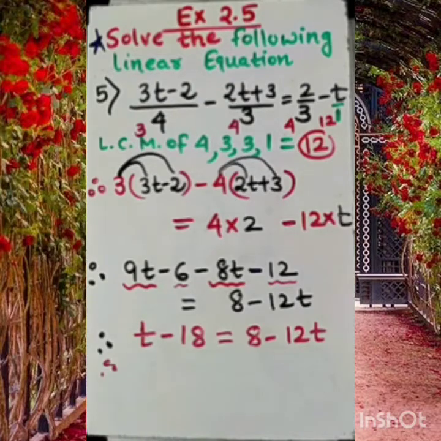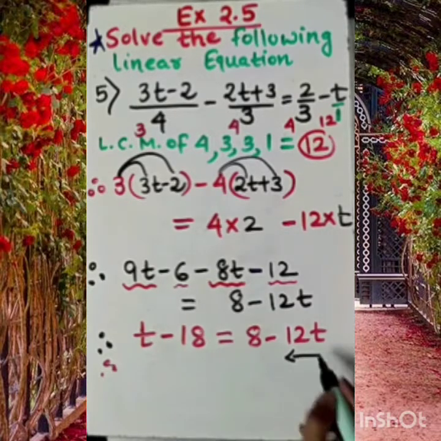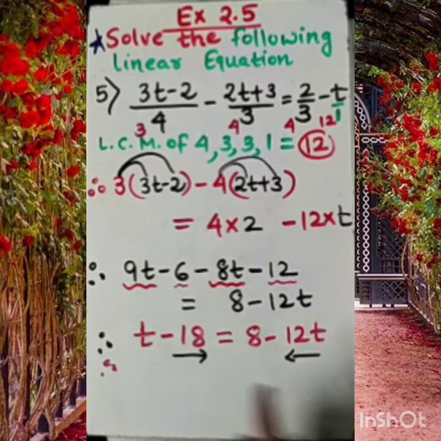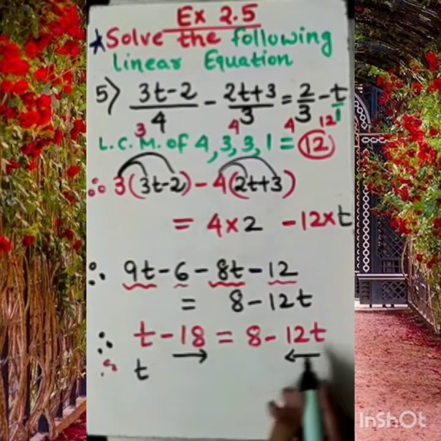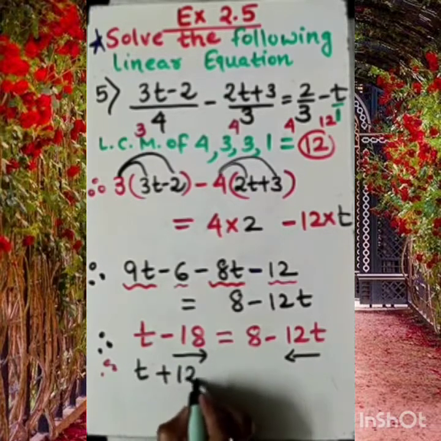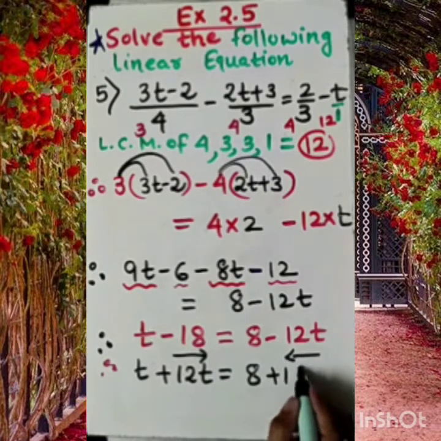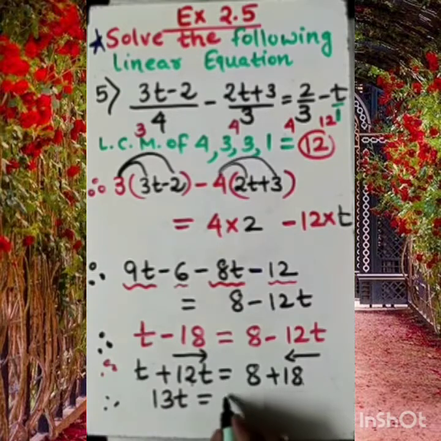Therefore, next step, what am I going to do? I am transposing minus 12t to the left side. So it will become plus 12t, and minus 18 I am transposing to the right side. So it will become plus 18. So the equation will be t plus 12t equal to 8 plus 18. 12t plus t is 13t, that is equal to 26.